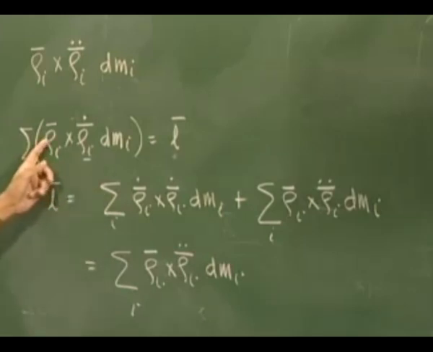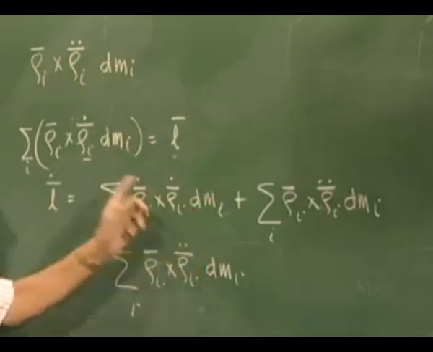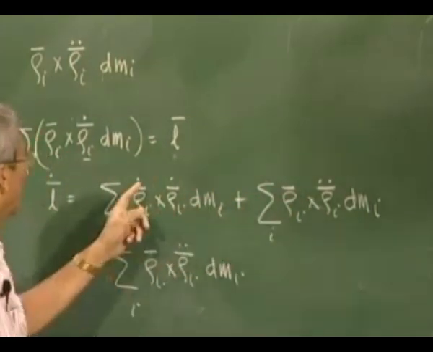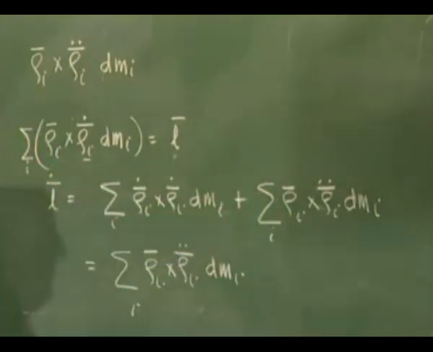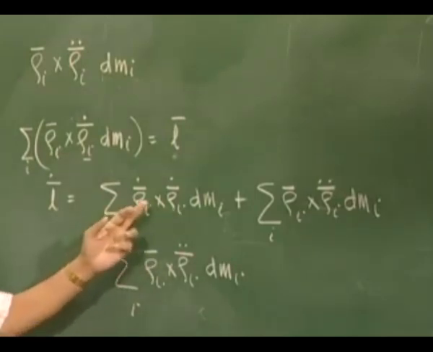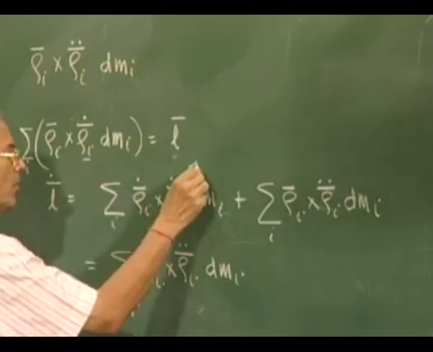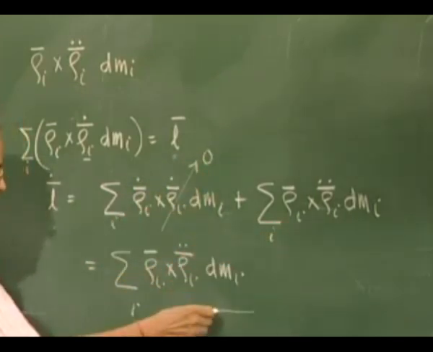We will get rho i dot cross rho i dot dmi plus rho i cross rho i double dot dmi, summed over all particles. But we all know that the cross product of the same identical vectors will be 0. So this term becomes 0 and only this remains.